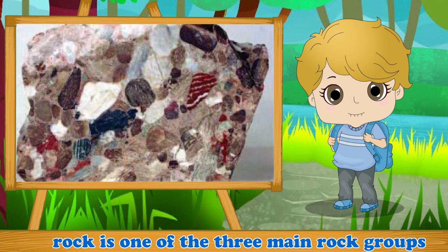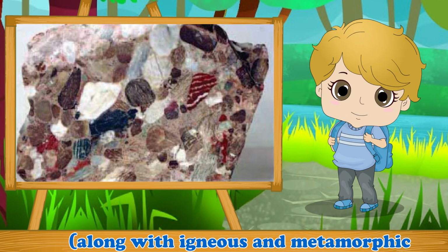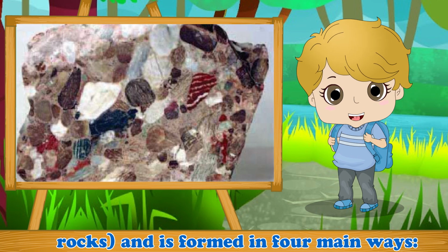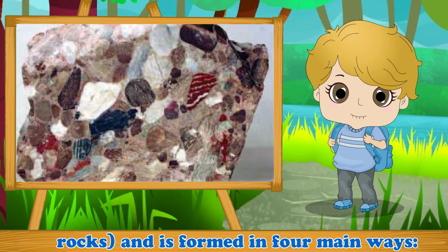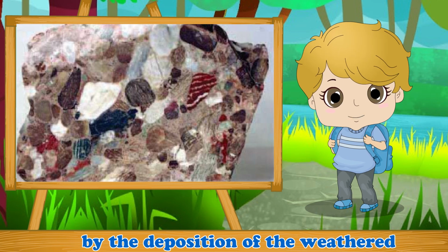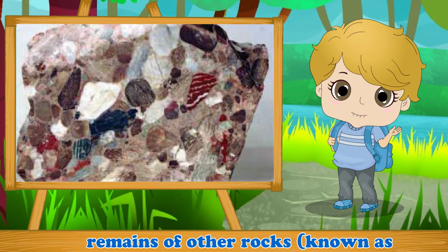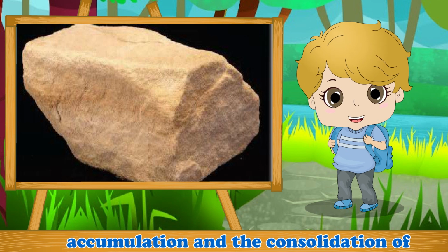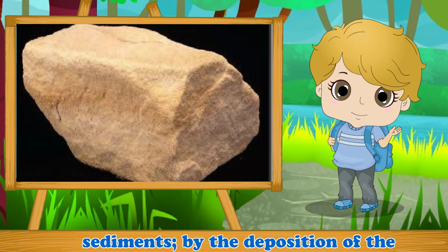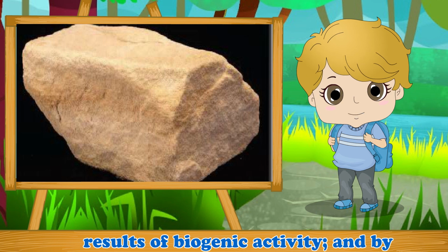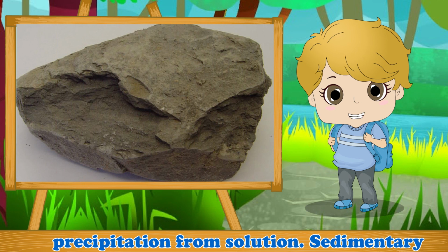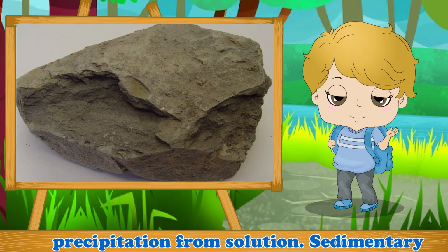Sedimentary rocks. Sedimentary rock is one of the three main rock groups, along with igneous and metamorphic rocks, and is formed in four main ways: by the deposition of the weathered remains of other rocks, known as clastic sedimentary rocks; by the accumulation and the consolidation of sediments; by the deposition of the results of biogenic activity; and by precipitation from solution.